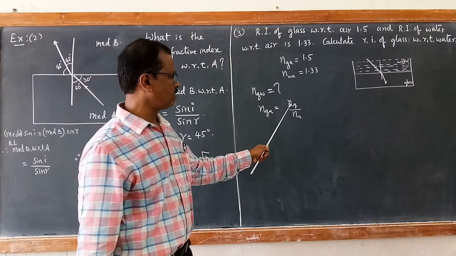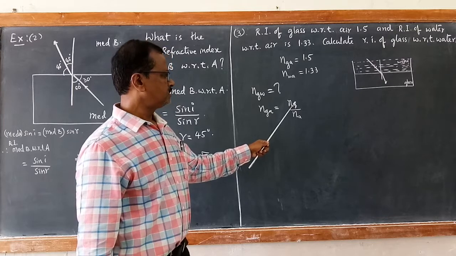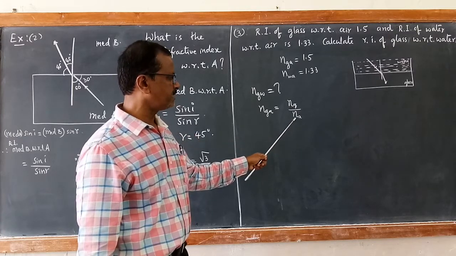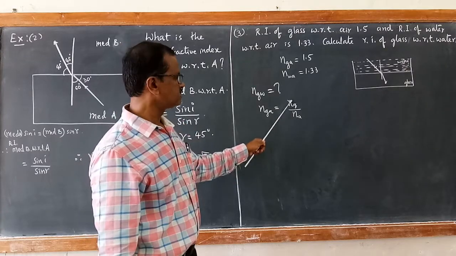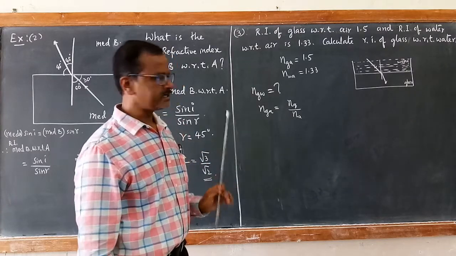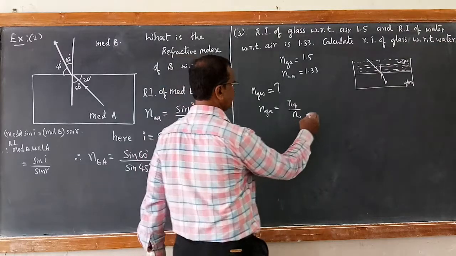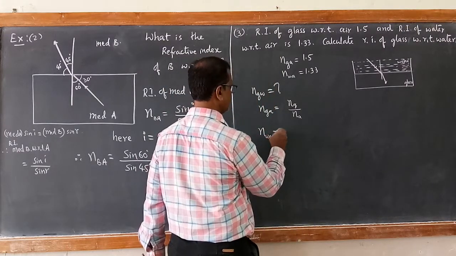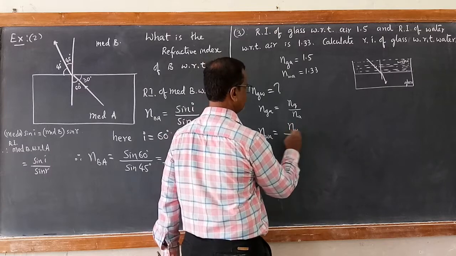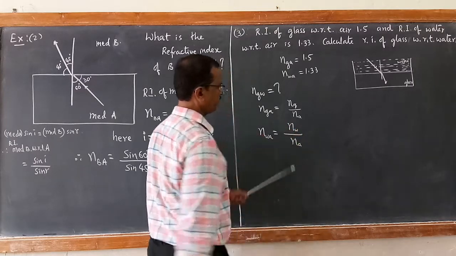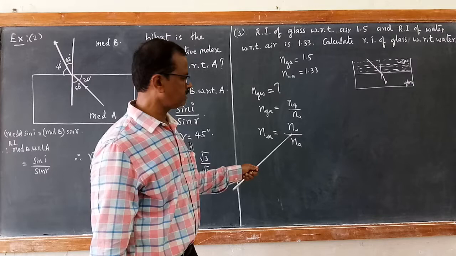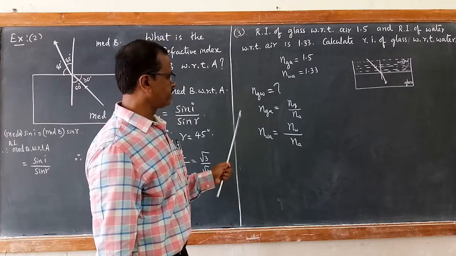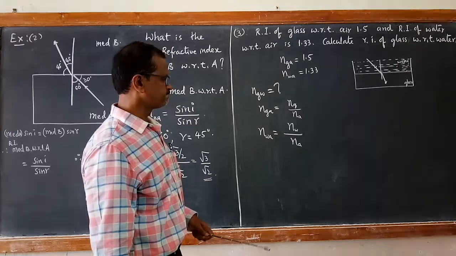So it is the ratio of the refractive index of glass with respect to vacuum to that of air with respect to vacuum. These are called absolute refractive indices. Similarly, I can write the refractive index of water with respect to air, NW by NA, the absolute refractive index of water by the absolute refractive index of air.